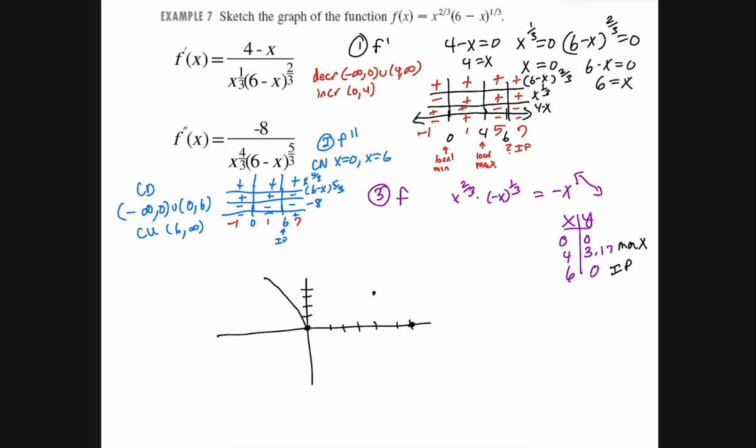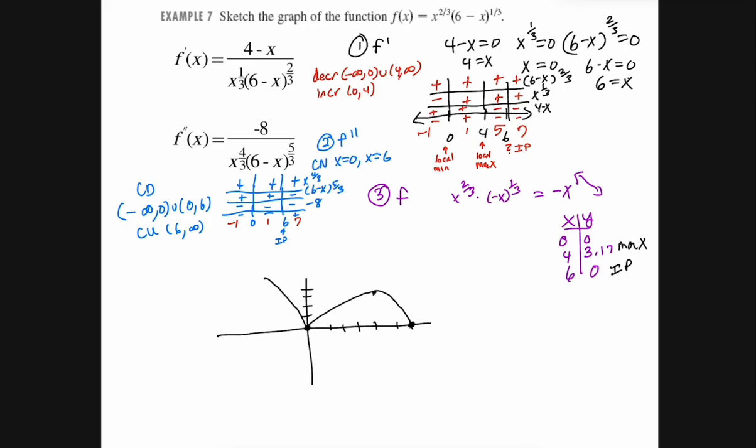Oh, 0 is the local min. Concave down. It's concave down all the way until we hit 6. So there's a little bump there. And then from 6 past, it is concave up.